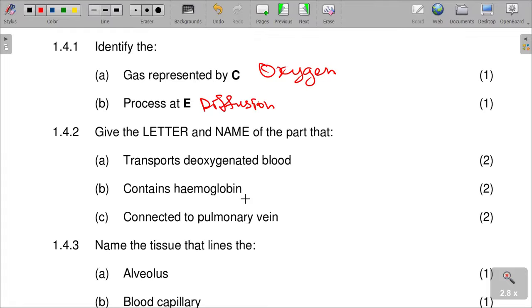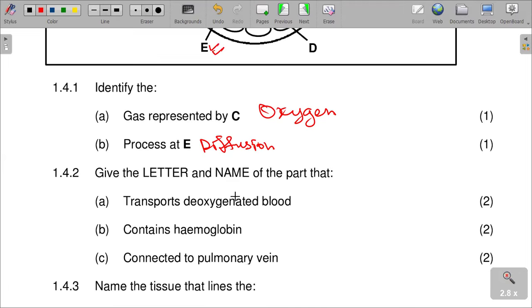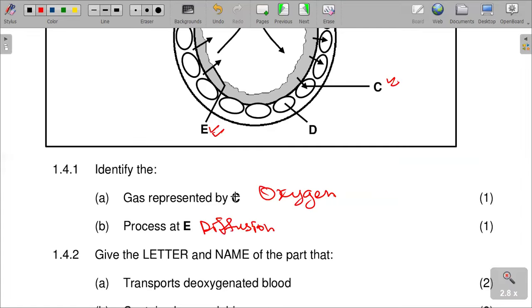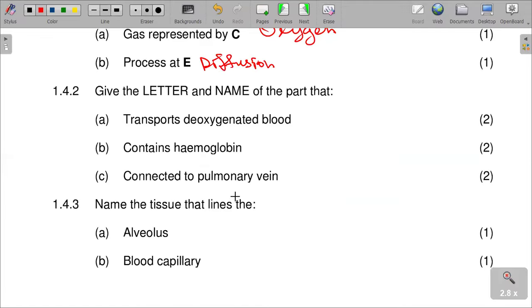The next question is saying, give the letter and name of the part that transports deoxygenated blood. I'm sure that even before you go to the diagram, you should be able to know where we have oxygenated blood and where we have deoxygenated blood.